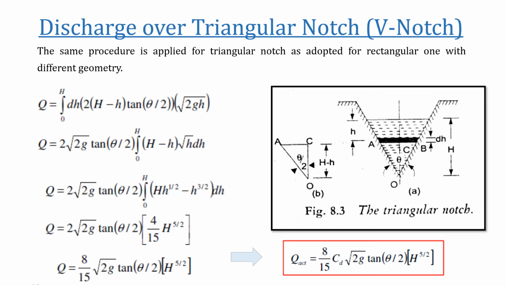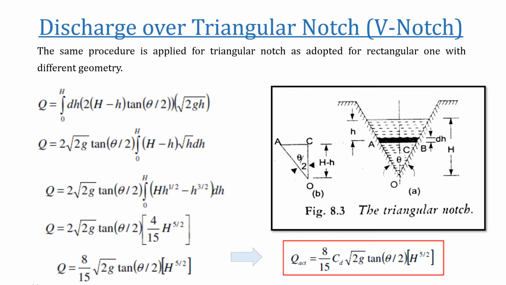So we can use a tan theta by 2 relationship. So tan theta by 2 is actually AC over capital H minus small h. So AC, which is the required length, will be tan theta by 2 into capital H minus small h. And the complete length of the strip is AC plus CB, so taking it equal, we will multiply it by 2.